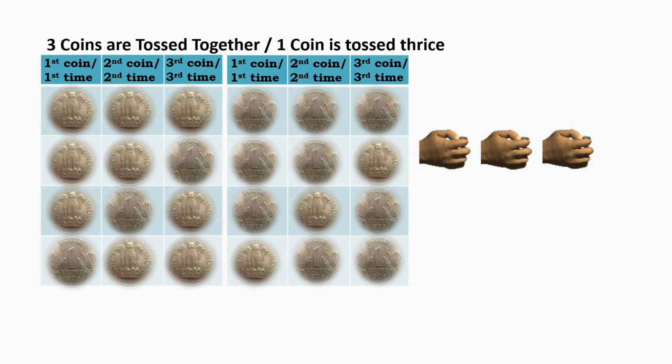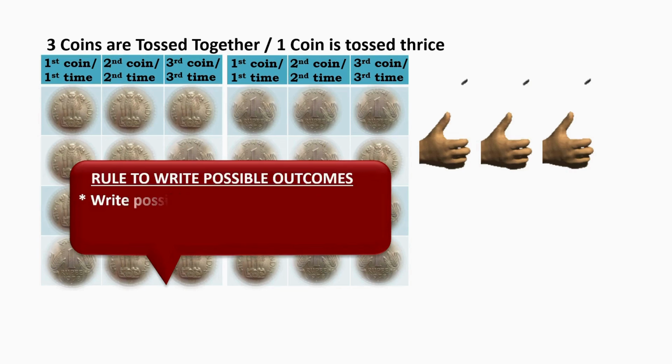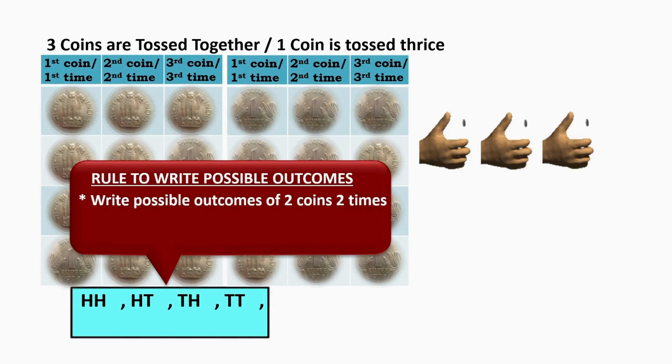Now from the second, third and fourth, we have 2 heads and only 1 tail has been introduced, right? Similarly, if we take the second table, in the first row all are tail, and from the second, third, and fourth, only 1 head is introduced in the table, right? So now if we write the possible outcomes of 2 coins, 2 times, then we know that head head, head tail, tail head, and tail tail.